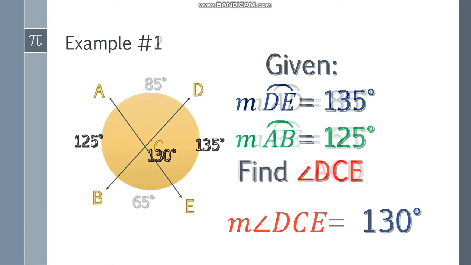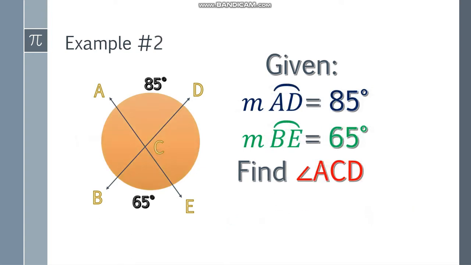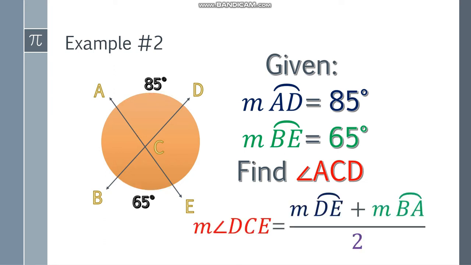Next, what if we have this kind of example? The measure of arc AD is 85 degrees and the measure of arc BE is 65 degrees. We are asked to find the measure of angle ACD. So how are we going to find the answer? We have the formula again from our previous example.